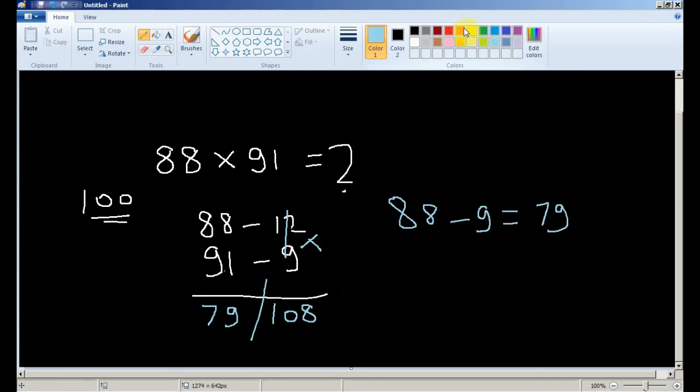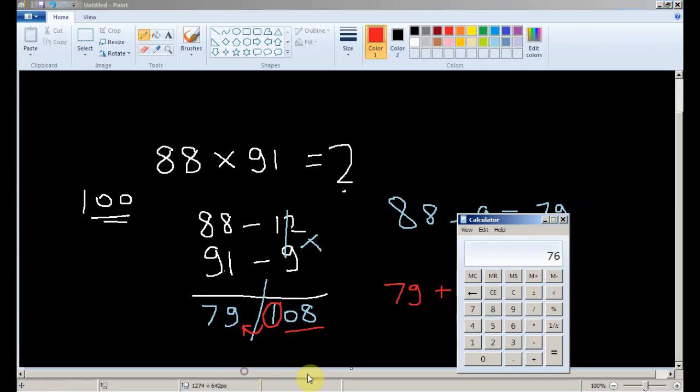But the answer is not this one. No, the answer is not correct because I got 3 numbers here. So this number I have to take here and add it. So 79 plus 1 is equal to 80. This is my first number, and 08 is my second number. So it's 8008.